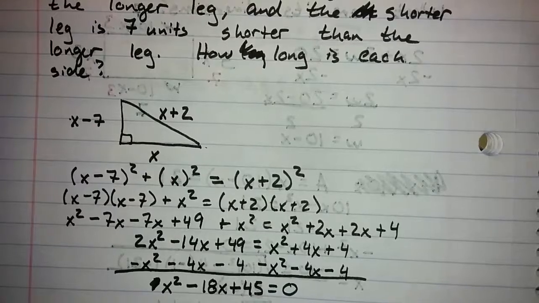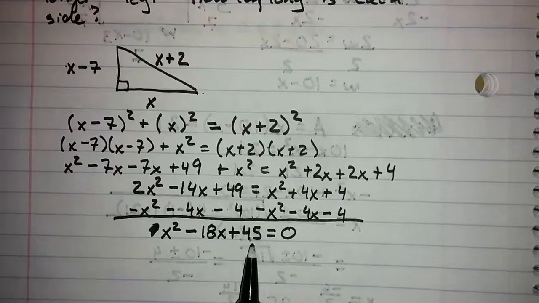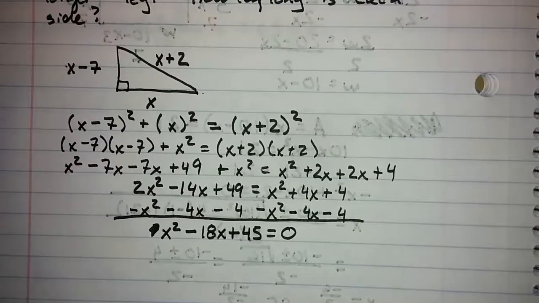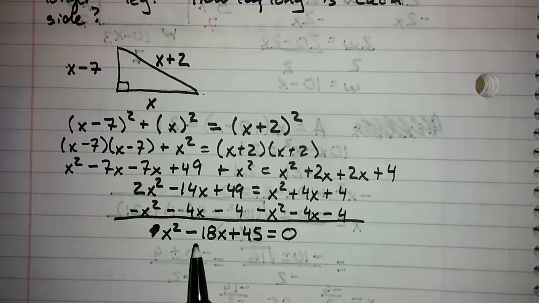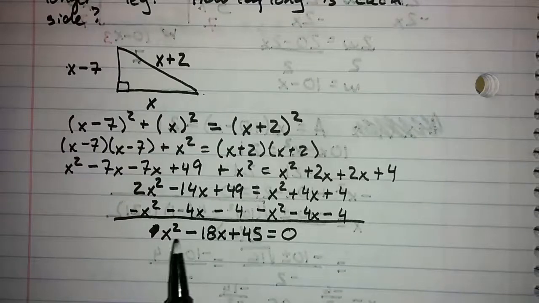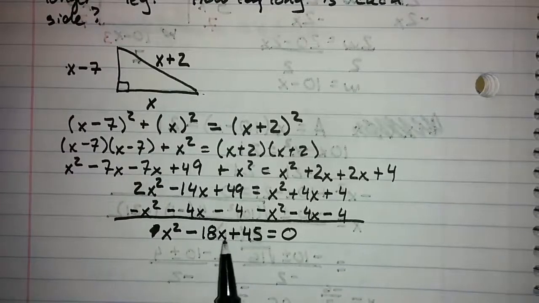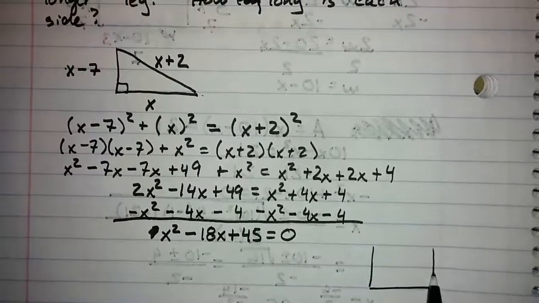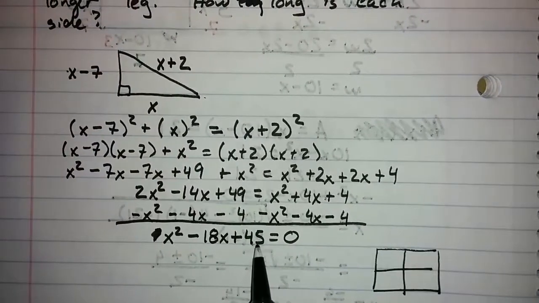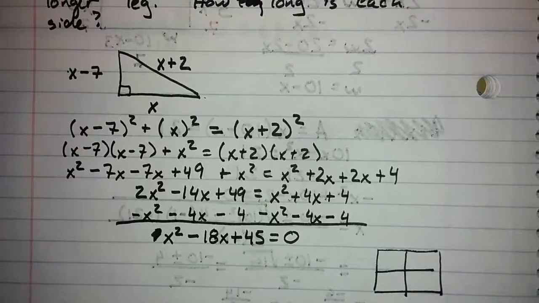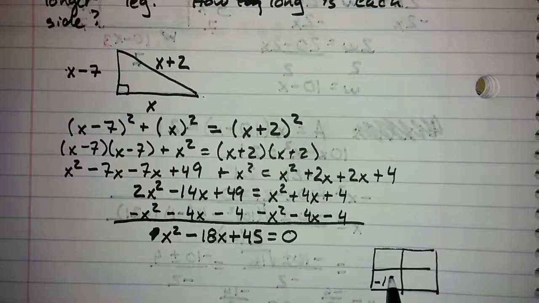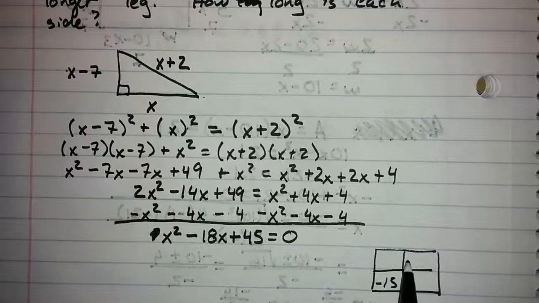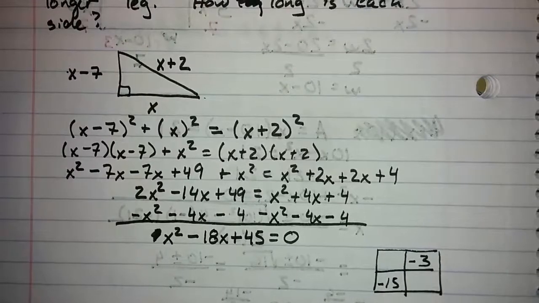You know what? I think I may see what this is going to factor as at first glance. If you don't see what this is going to factor as at first glance, please feel free to solve this using the quadratic formula. But I see the two numbers whose product is 45 and whose sum is negative 18 are negative 15 and negative 3.